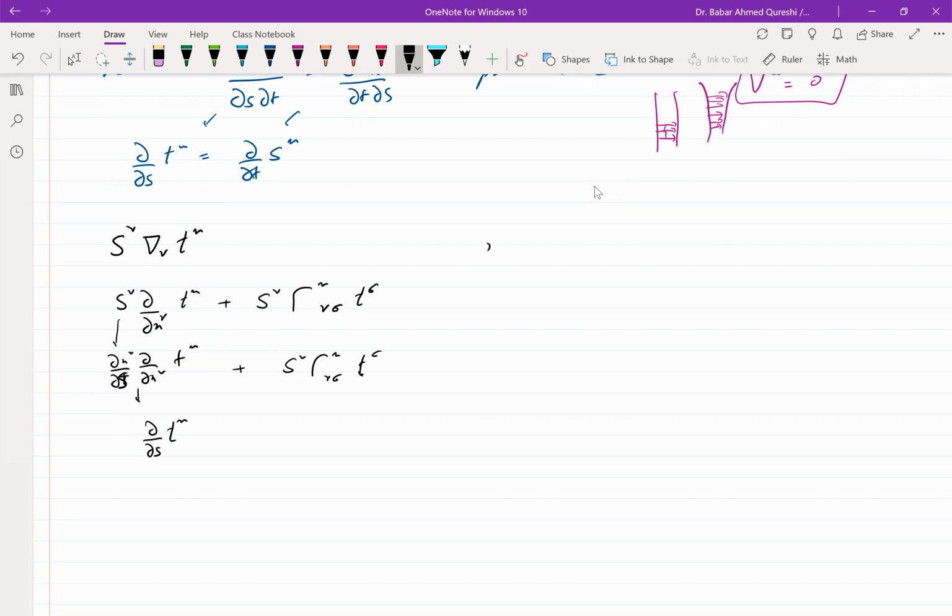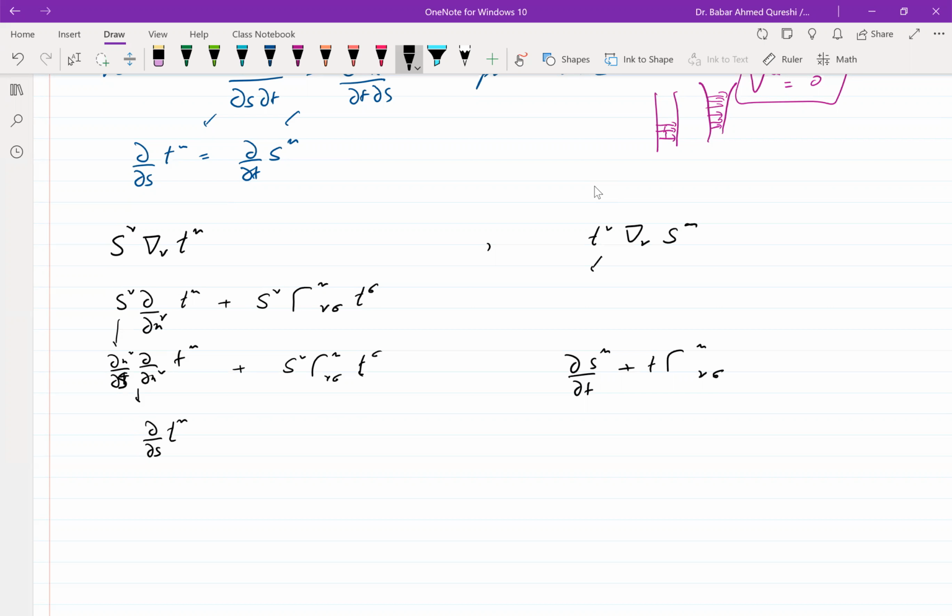Now, if I compare it with t nu d nu s mu, then again, using the same logic, I get this time d s mu over dt plus gamma mu nu sigma.